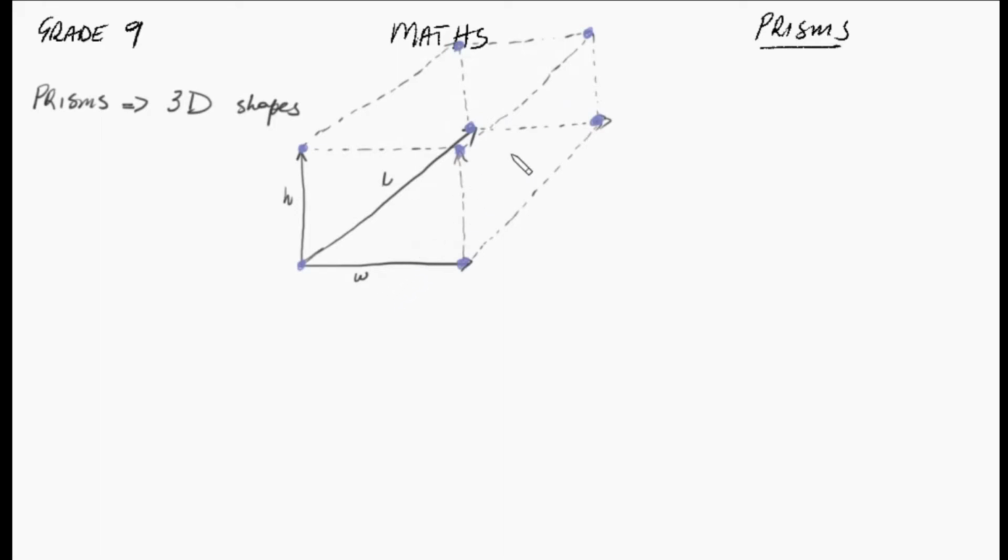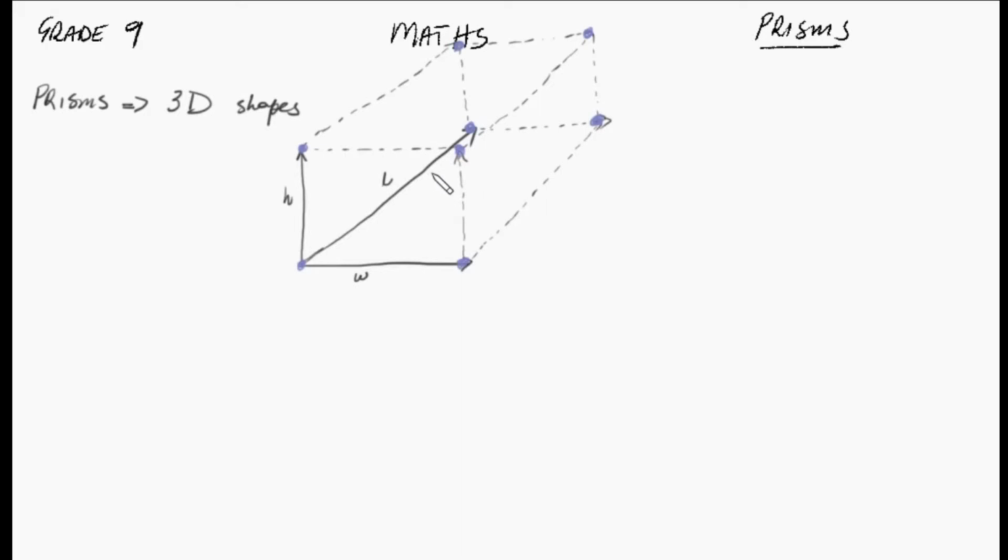So there are 1, 2, 3, 4, 5, 6. Yes, there are 6 faces. But there are 1, 2, 3, 4, 5, 6, 7, 8 vertices.